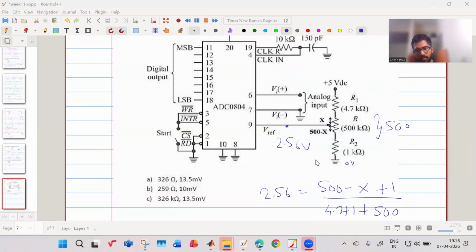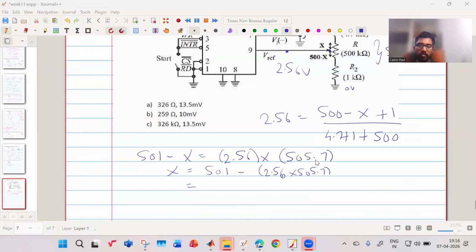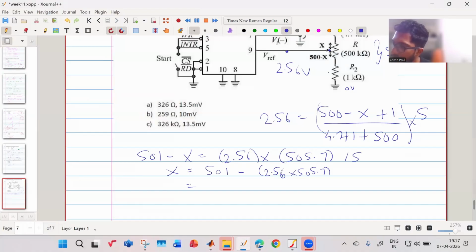Oh, I forgot something. It will be multiplied by 5, right? It's a resistor divider multiplied by the input voltage. So it will be 2.56 into 505.7 divided by 5. Okay, then can you tell me?